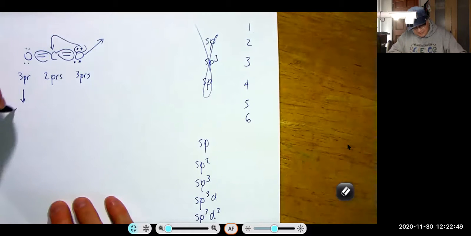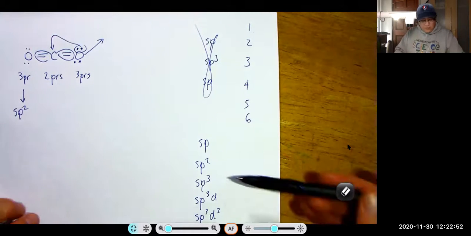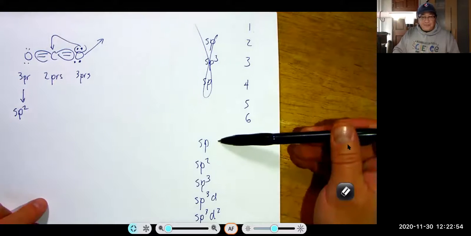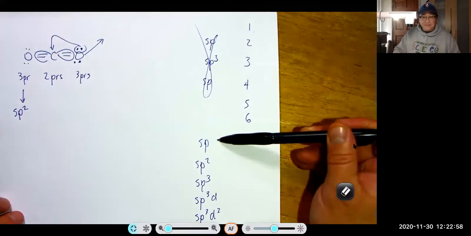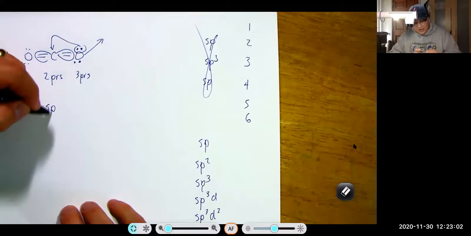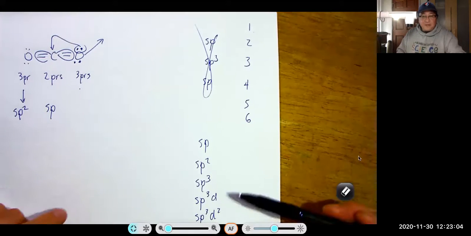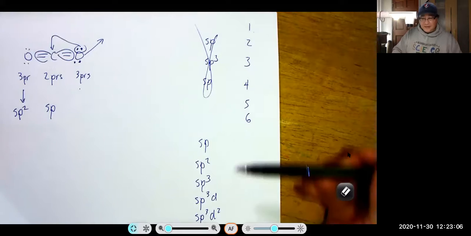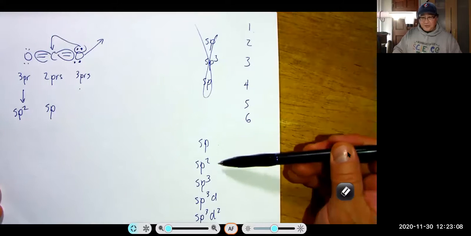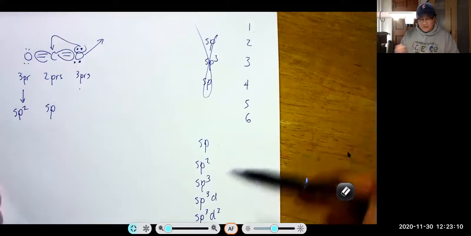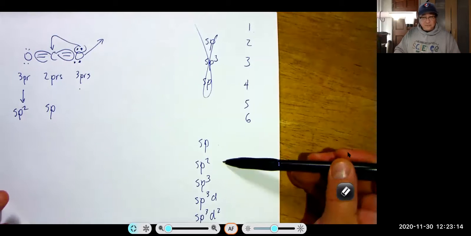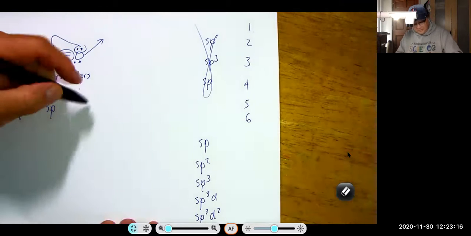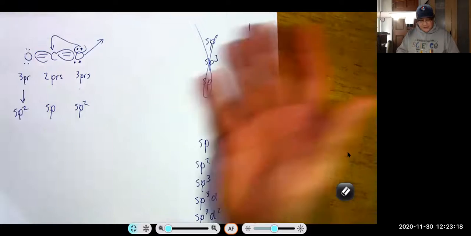Correct. Carbon, what's the hybridization? Give me a thumbs up when I get there. sp. Correct. How about this oxygen on the end? Give me a thumbs up when you get there. sp, sp2, sp3, sp2. Okay, sp2. So that's the hybridization.